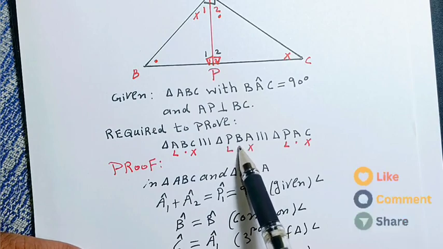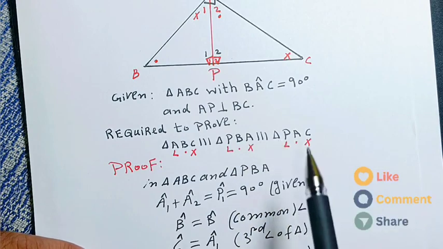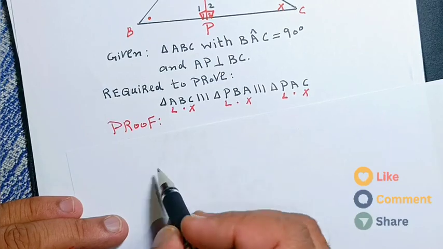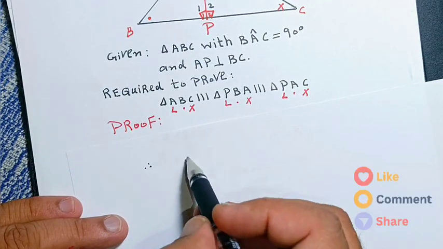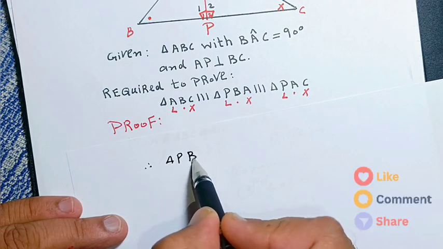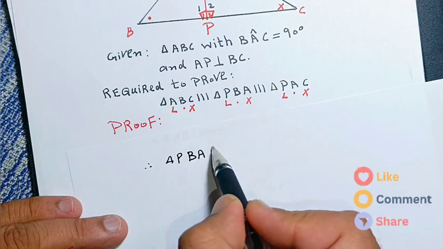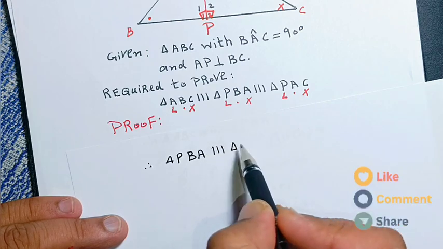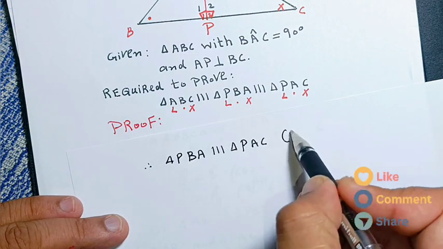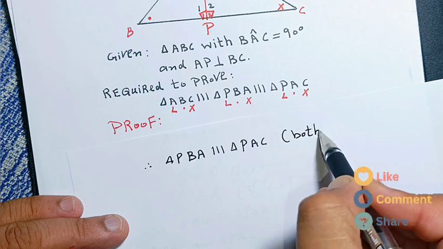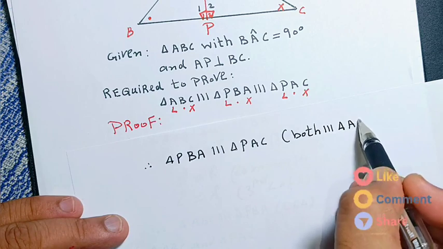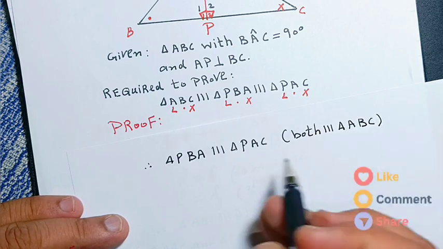Now I need to prove that these two triangles are also similar. Therefore triangle PBA is similar to triangle PAC. The reason is both are similar to triangle ABC.